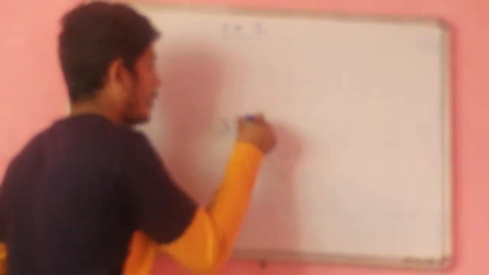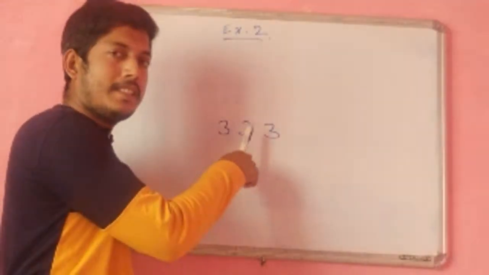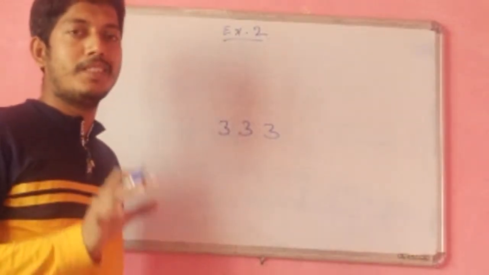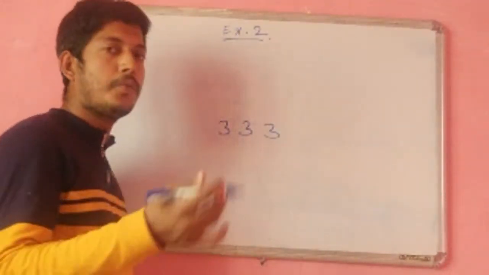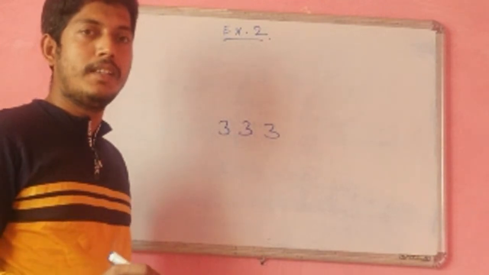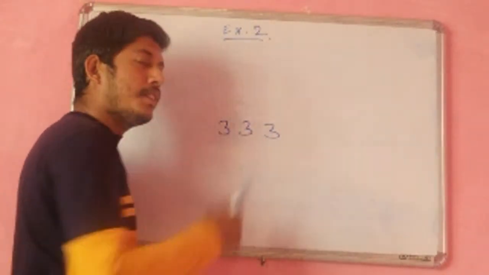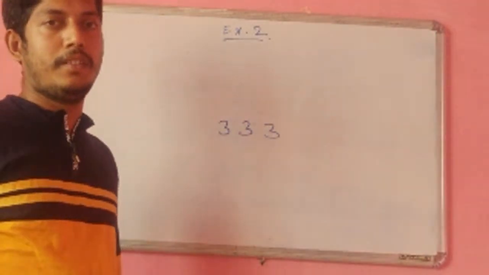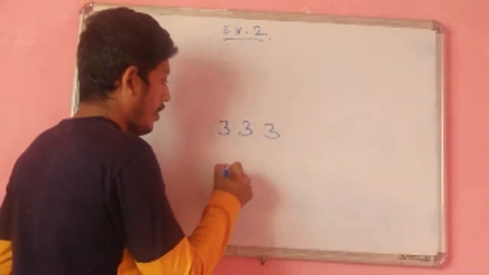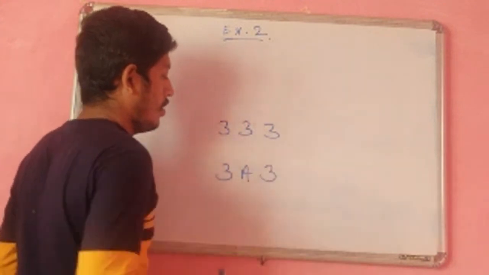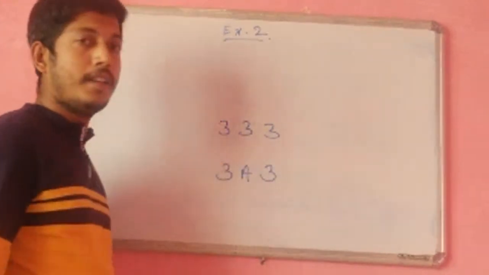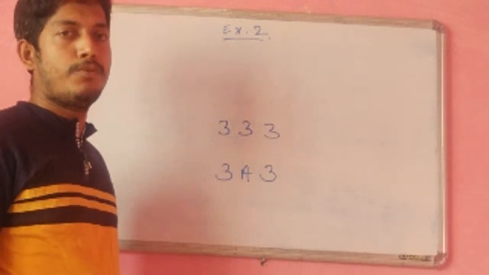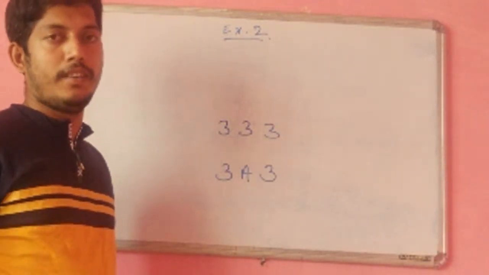Okay, for example, in the previous example I considered 333, and here I told 3 plus 3 is 6, 6 plus 3 is 9, and 9 is divisible by 9, and also 9 is divisible by 3. That means the sum of these 3 digits is divisible by 3 and 9. So what I conclude in that case, therefore 333 is also divisible by 9 and 3. Now for example, if they give 3a3 is divisible by 3 and 9, then find out the value of a.